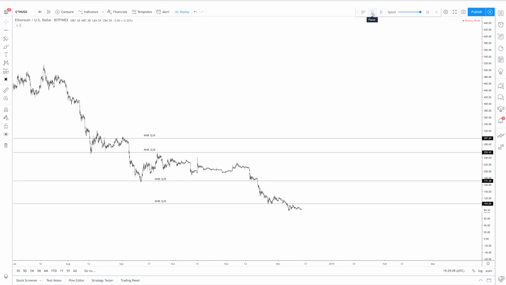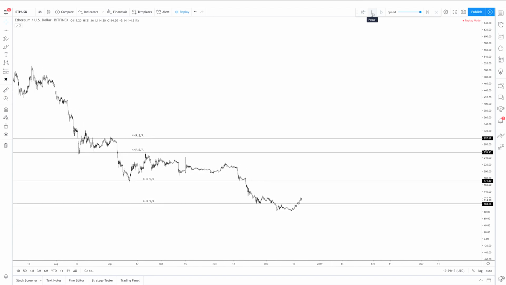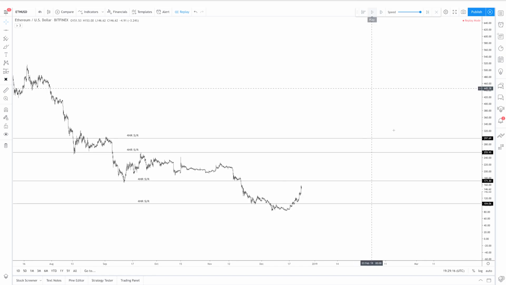So our 4-hour SR is acting as resistance. And let's focus right here, okay? So we marked this off as an SR. Here was support. We have a breakdown, it acted as resistance, possibly a short setup here. Let's dial in on the 15-minute.